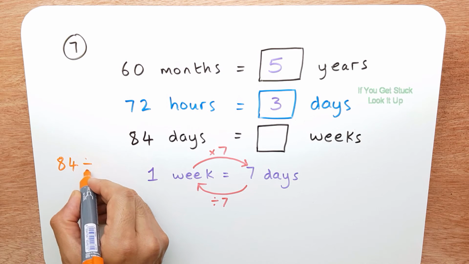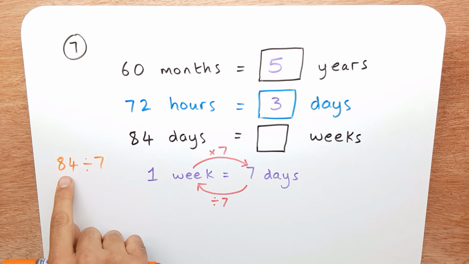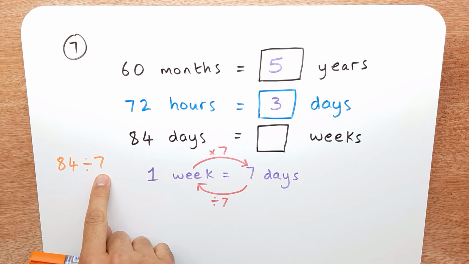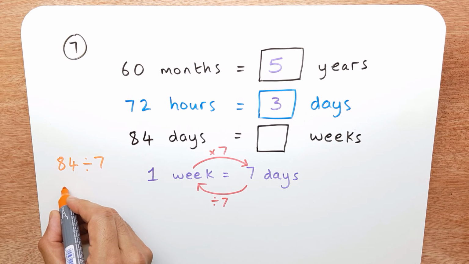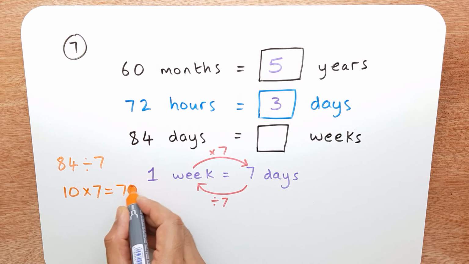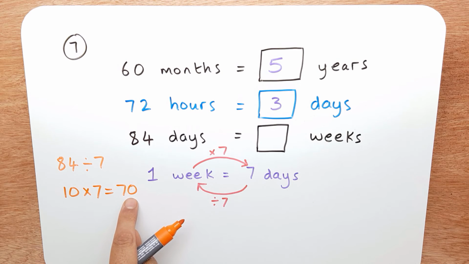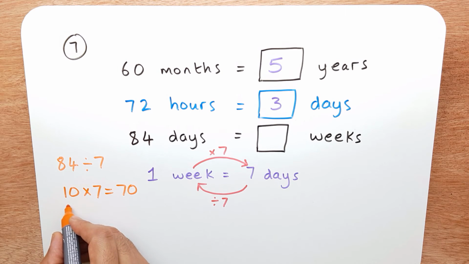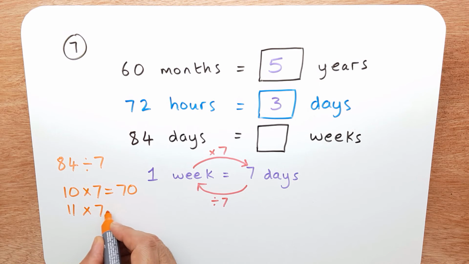84 divided by 7. If I do my 7 times table, I know 10 times 7 is 70. And I simply add another 7. So I know 11 times 7 is 77.